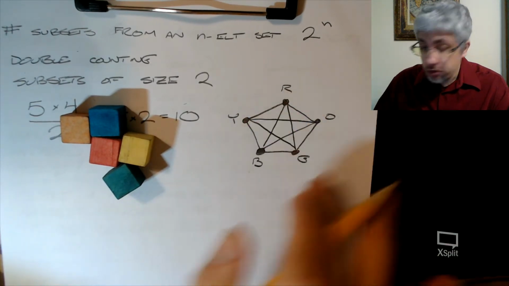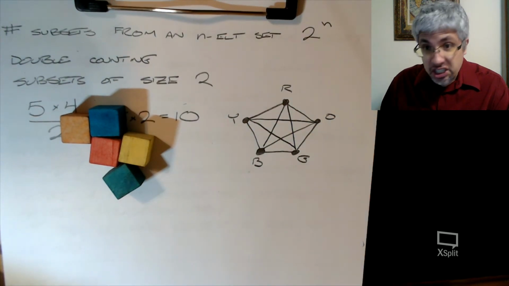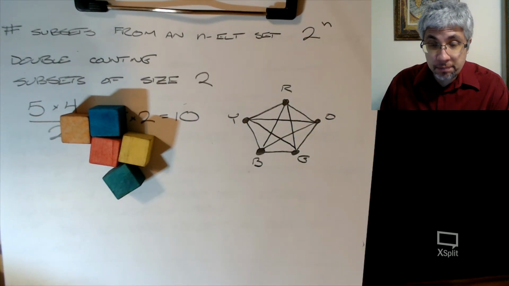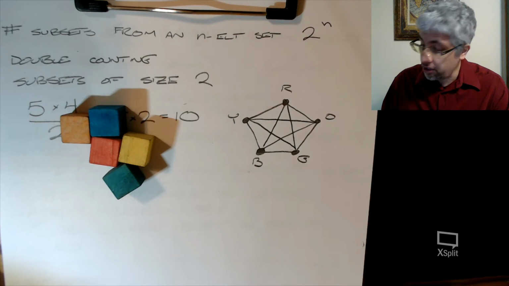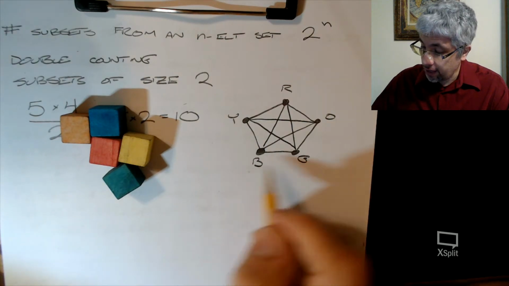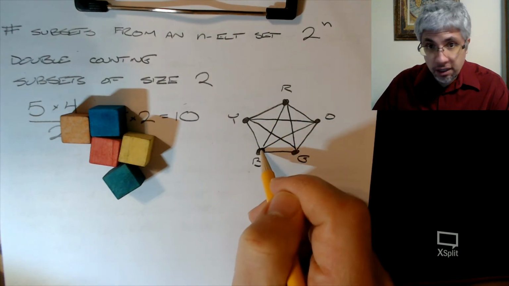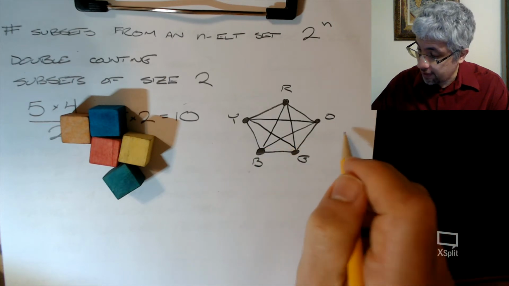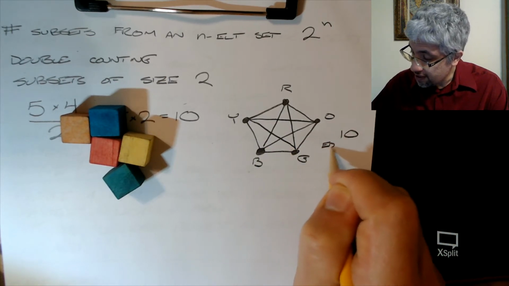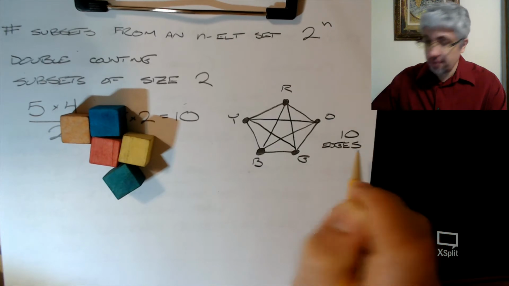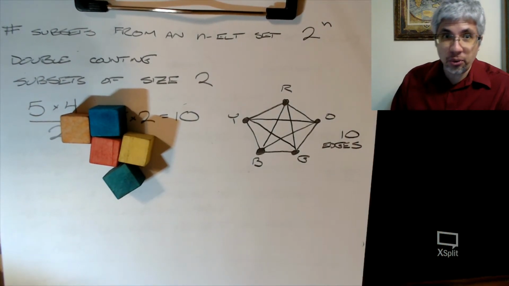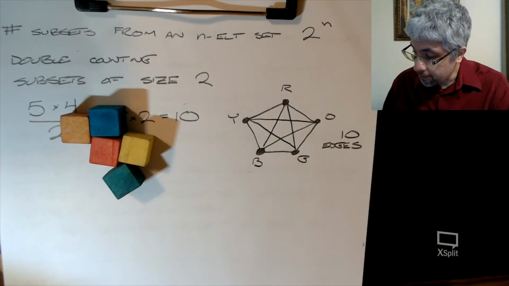Okay, so these represent the colors, and each edge will represent a subset, because every subset contains exactly 2. So I can actually count the edges, and we have 5, and then we have a 5-pointed star. So 5 and 5 is 10. We have 10 edges. This only works for subsets of size 2, though, the whole drawing the complete graph method.